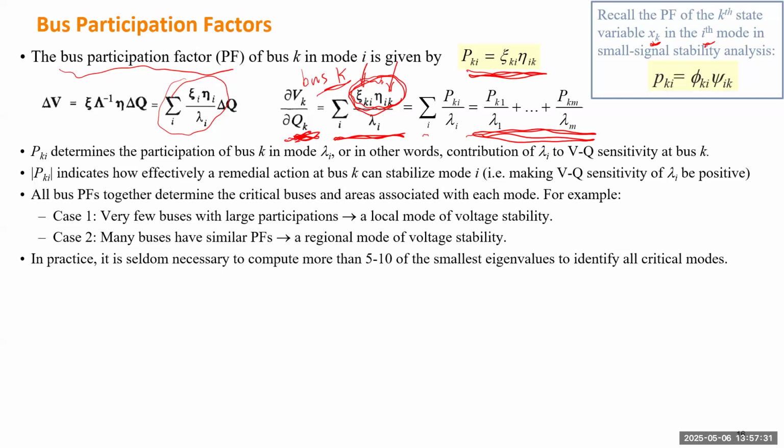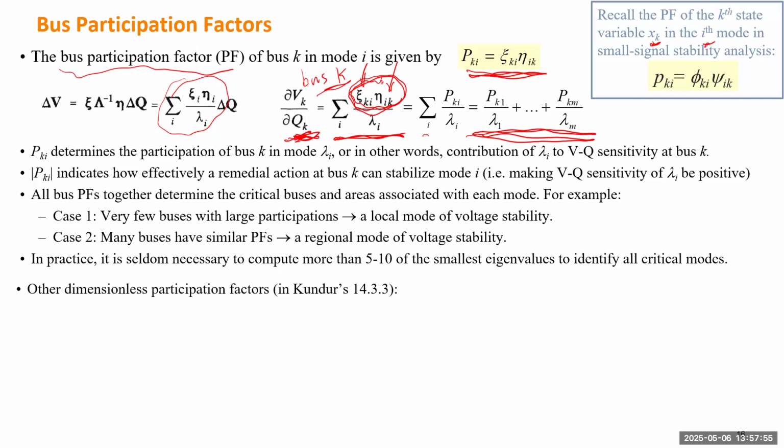So in practice, usually you don't have to consider all the eigenvalues, only pick maybe the smallest 5 or 10 eigenvalues. Then for each mode, you just study the participation factor to determine where to add control. From Kundur's book, they also give you some other participation factors, depending on what type of control you want to add.